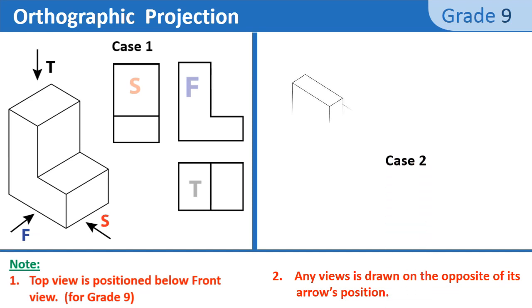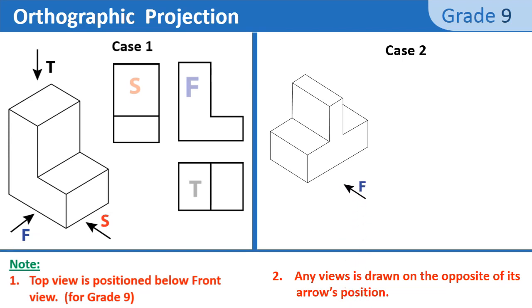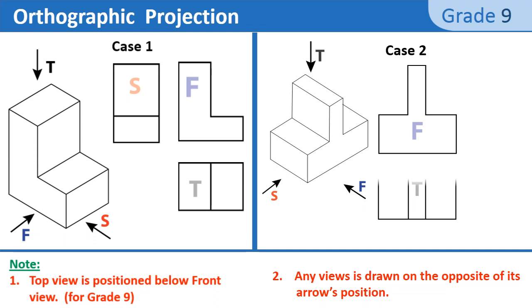So this is the isometric block. As you see, the front view arrow is now to the right and the side view arrow is to the left. Firstly, we draw the front view. Of course, the top view will appear at the bottom of the front. Now, concerning the position of the side view, it will appear on the right as its arrow is on the left.